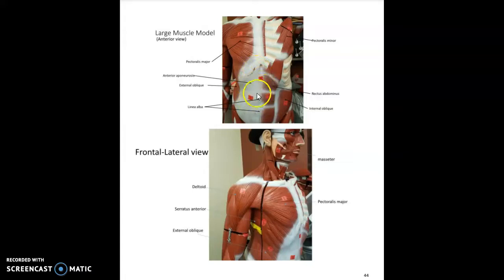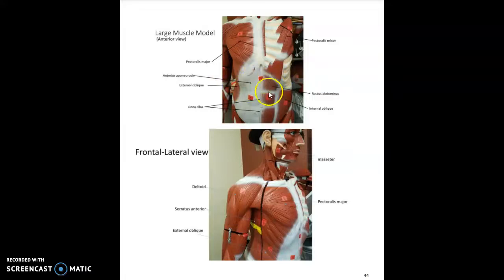Remember, this line in here is called Linea Alba. If you're asked about any white structure, it should be either an aponeurosis or a line. Then, which is this line? That should be Linea Alba. Which is this white structure? It should be either a fascia or an aponeurosis.